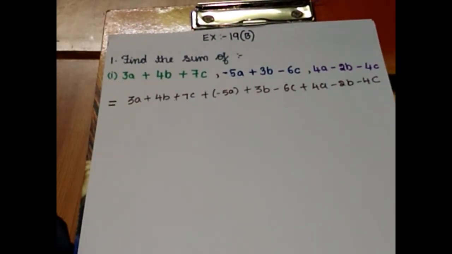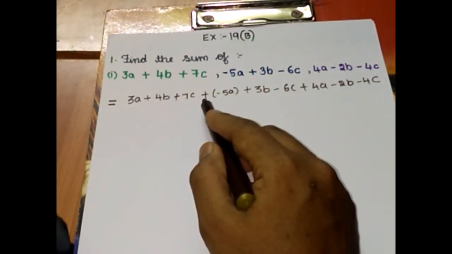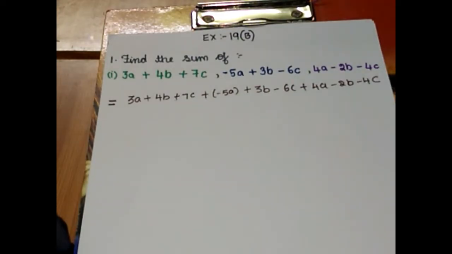I think you have noticed, children, when I am writing this I got a clash between the two signs, that is I need to add plus because the heading is given as sum, but the second polynomial's first term 5a begins with a negative sign.